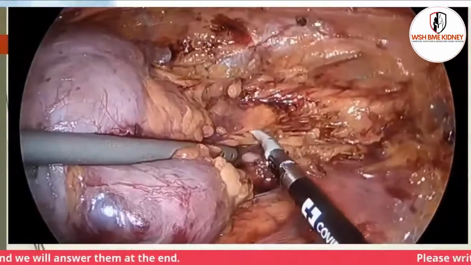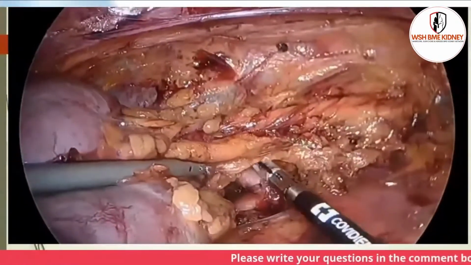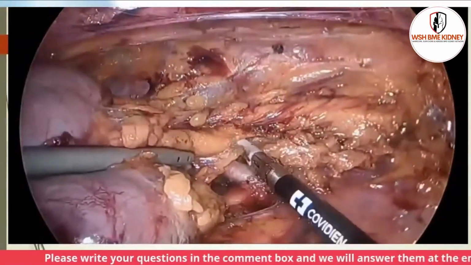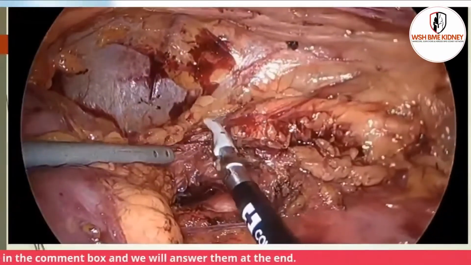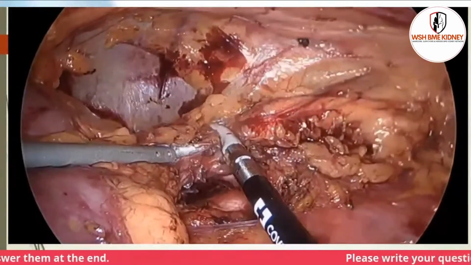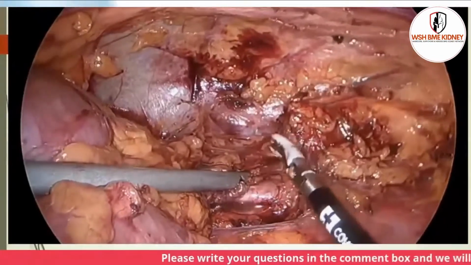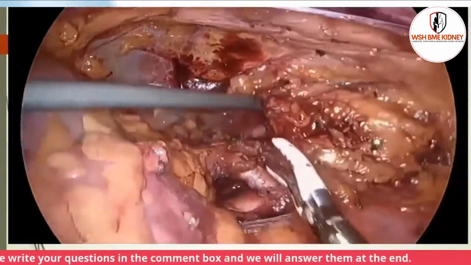And we just divide all the structures to separate the kidney from its attachments, and then we're going to see the adrenal vein again. So the adrenal vein is going to be divided to separate the adrenal gland from the kidney.